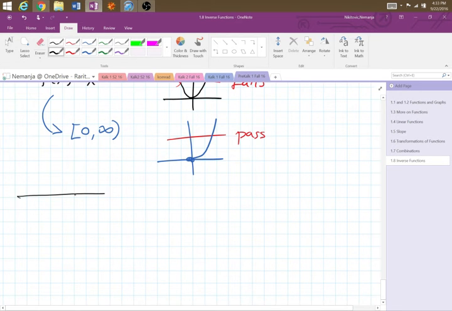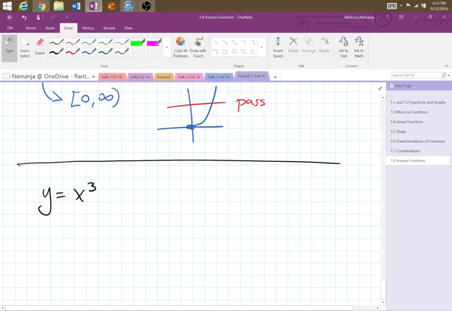So now I will go and say y equals x cubed. We draw the graph for x cubed, and immediately from this graph, what do you know? It is a function and it does have an inverse.